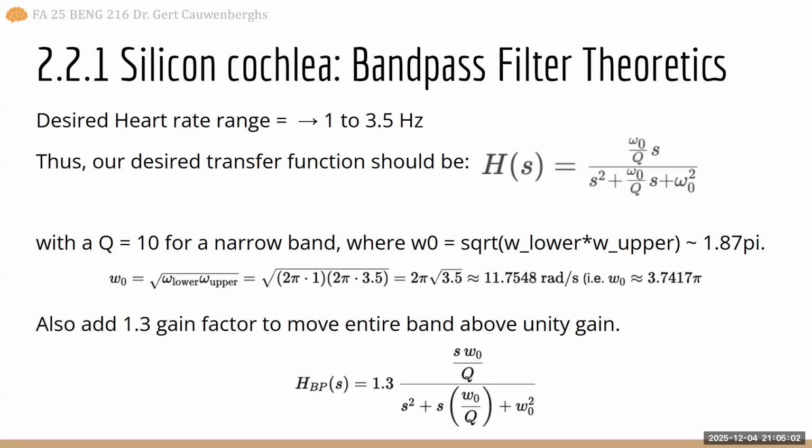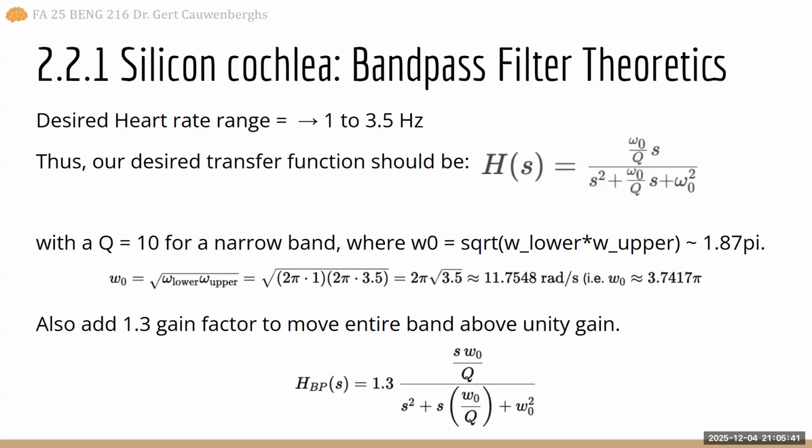We wanted to allow it up to a certain threshold that is still not tachycardic, but allows an increased heart rate. And so our desired band becomes 1 to 3.5 hertz, and it allows us to get our transfer function and program our bandpass filter to select for that frequency. The center frequency would be the geometric mean of 1 to 3.5 hertz, which is around 3.7417 pi.